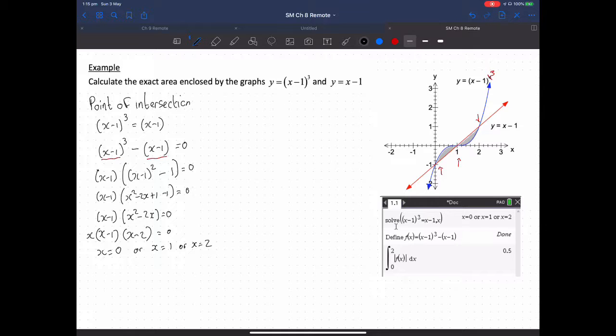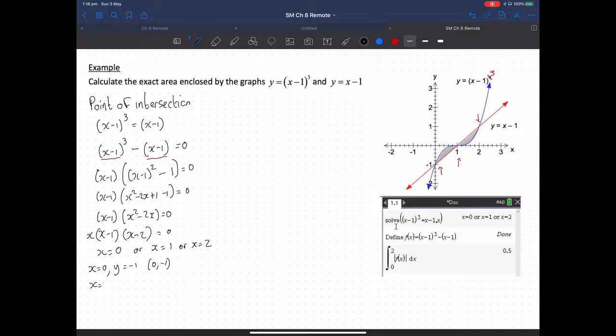Now we have to find the corresponding y values. When x is equal to 0, y is equal to 0 minus 1, so y is equal to negative 1, which has a coordinate that is (0, negative 1).